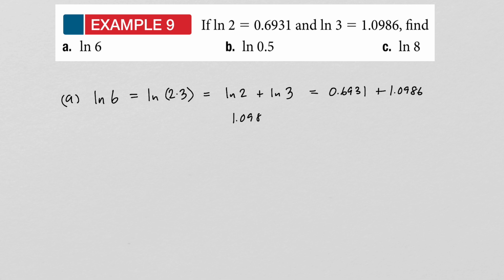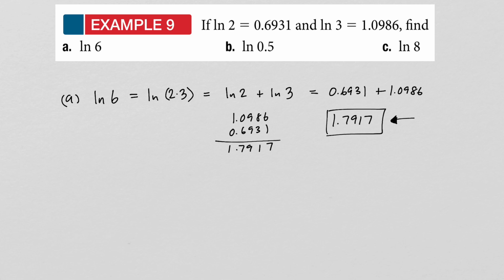So if I just take these two numbers now and add them together, we get 1.7917. So the natural log of 6 must be this number here. And again, we can figure this out without a calculator.